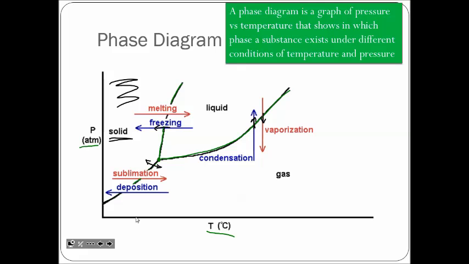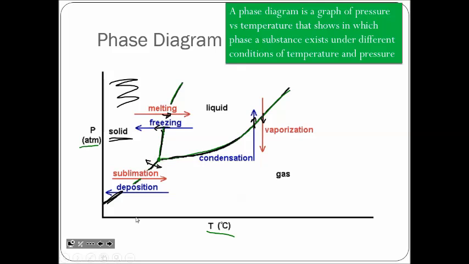And this line, as you can see, has multiple melting and freezing points along it, depending on the pressure and the temperature. And over here, there are multiple boiling points and condensation points. And here, the same thing for the deposition and sublimation, depending on the pressure.